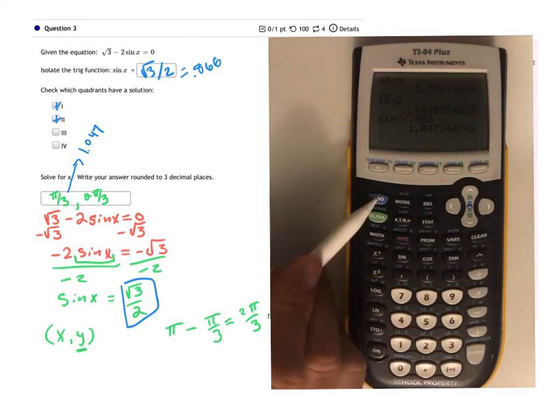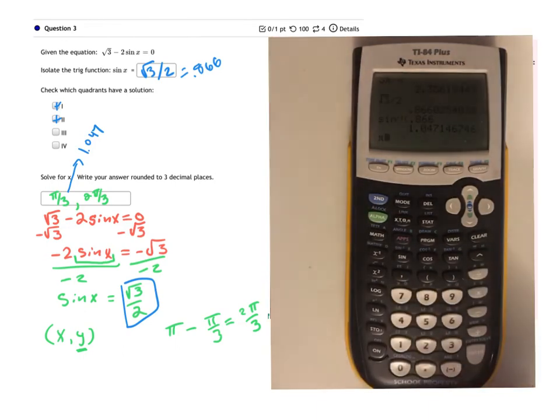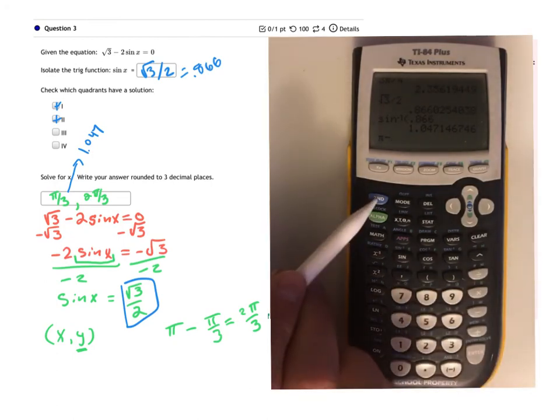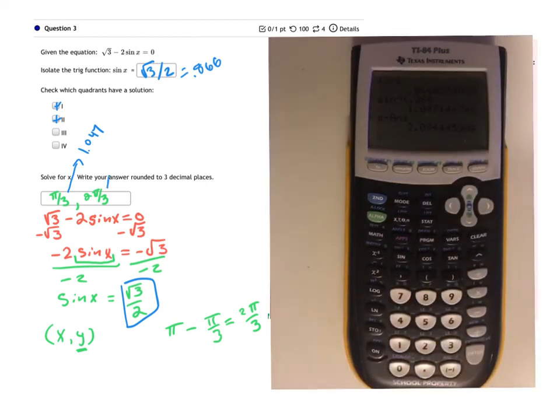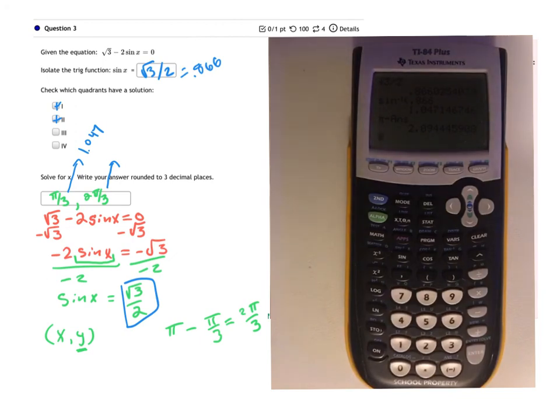Now, in cosine, we would just make that the opposite. But in sine, what we do is we take pi and we subtract whatever that number is. So in my calculator, I'm going to subtract the answer. Now you could type it in as minus 1.047, or you just do pi minus, hit enter, and you get 2.094, which is the same as 2 pi over 3.